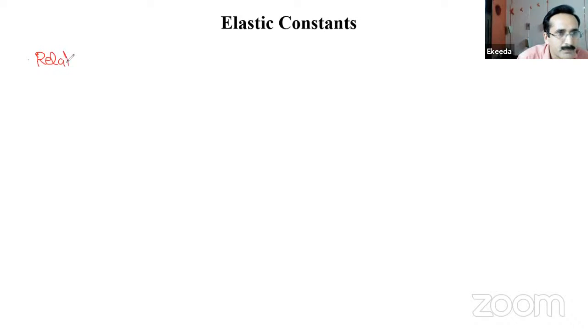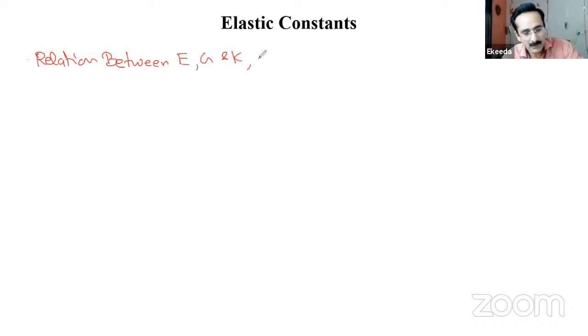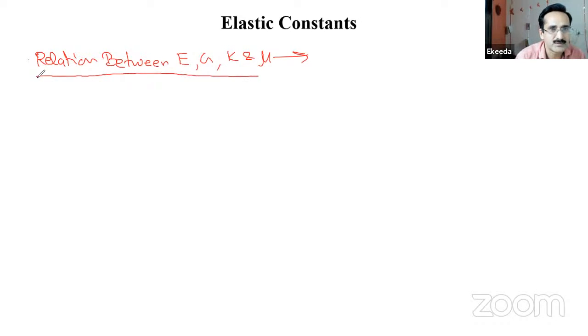The formulas in GATE exam are directly used for these relations. Relation between E, G and K, and mu also, right? What is the relation between these constants?